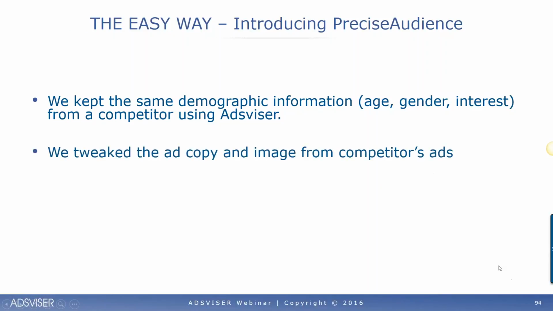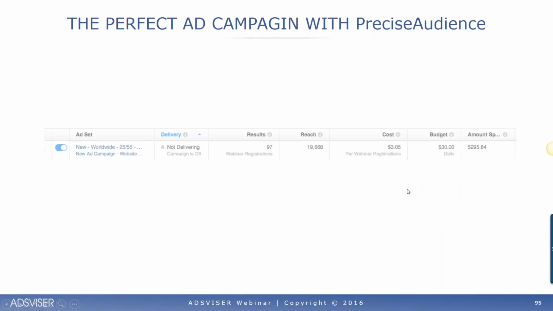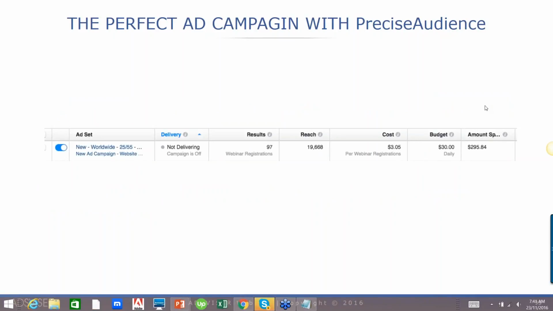We tweaked the ad copy and also used the image from the competitor's ads. We used 3 hidden interests that we found from buyers using Precise Audience. Then we were able to reduce the ad spend.